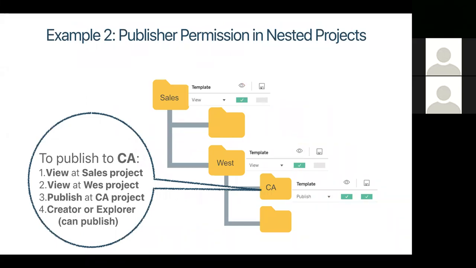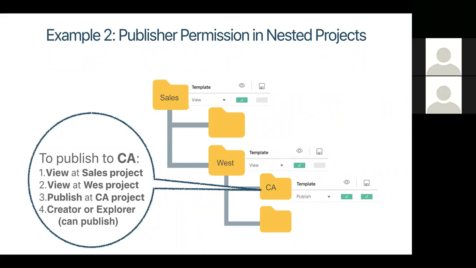Example number 2. In order for a user to publish to, for example, the California project, CA, that is under West, that is under South, this user has to have, of course, view permission not only to the West, that is the parent, but also to the South, that is the grandparent. Think about that.